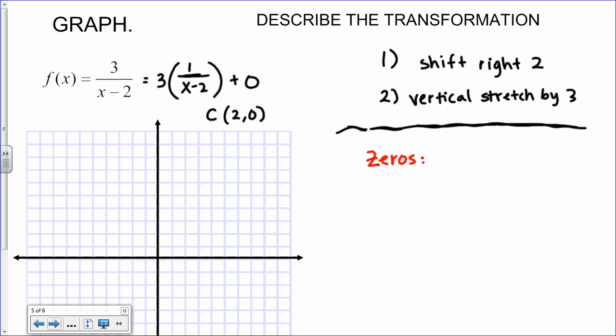There's no zeros there because there's not an x up top to give you a 0 in the numerator. Okay. We also want to find our y-intercept. So go back to your original and plug 0 in for x, just like we do every time we find a y-intercept.